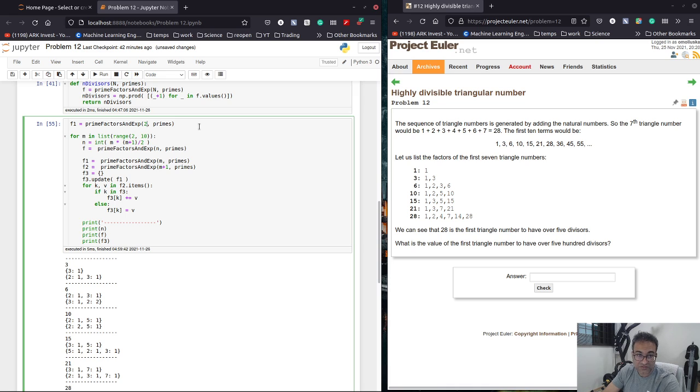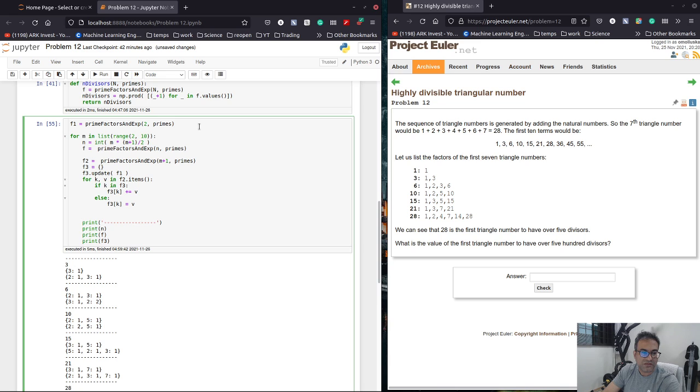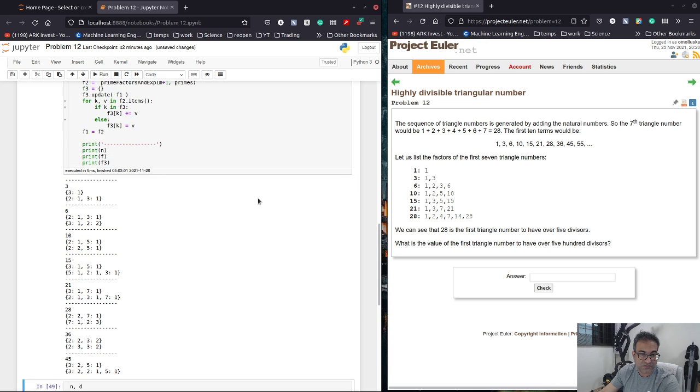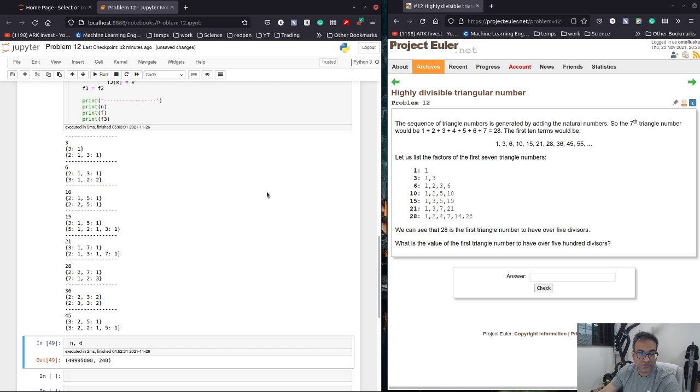So the first one is that, and we do all of this and we say f1 equals f2. This should be exactly the same thing. Okay, it is exactly the same thing. 2 to 10. All right.